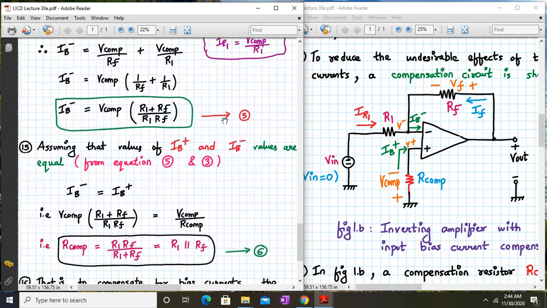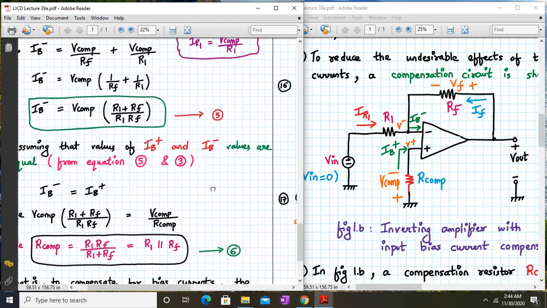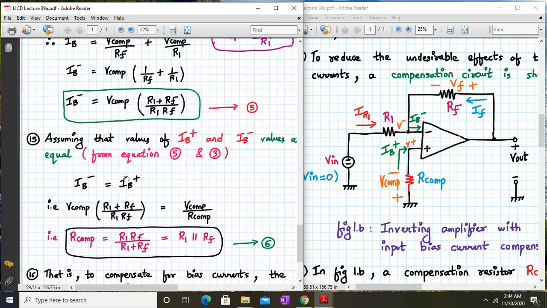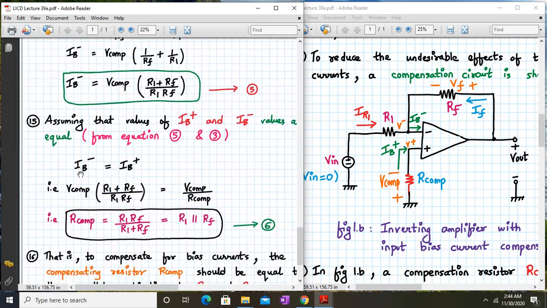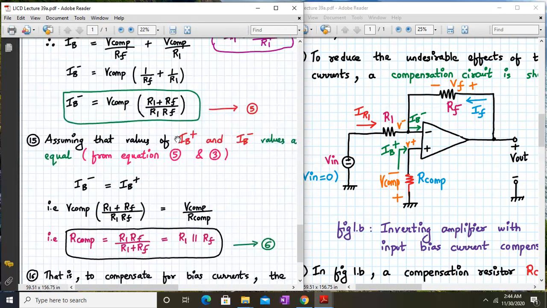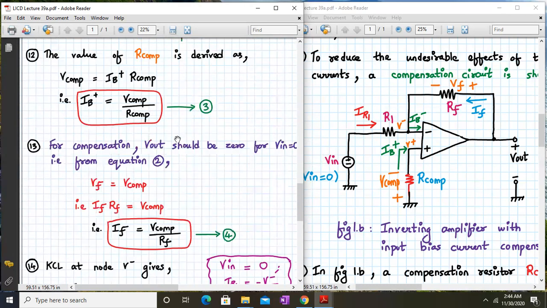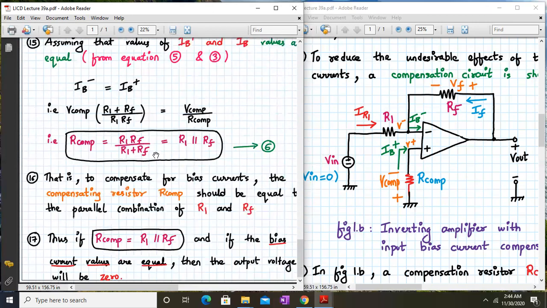Now, assuming that the values of IB minus and IB plus are equal, we can write IB minus is equal to IB plus, and IB minus we have just now evaluated: VCOM into (R1 plus RF) upon R1 RF. Let's check the expression for IB plus. Yes, IB plus is VCOM upon RCOM.